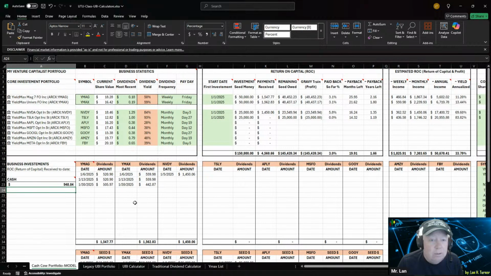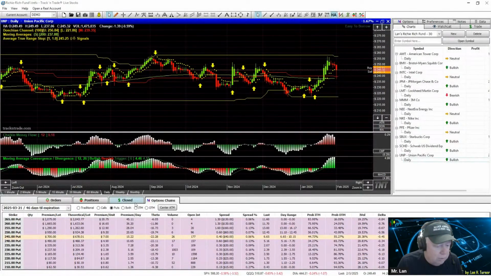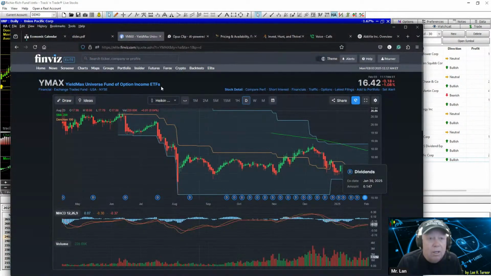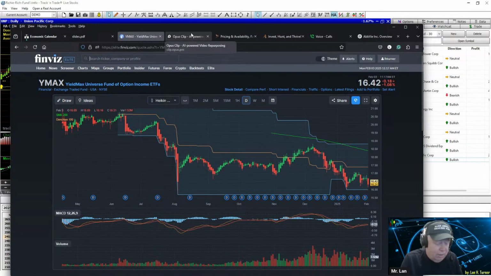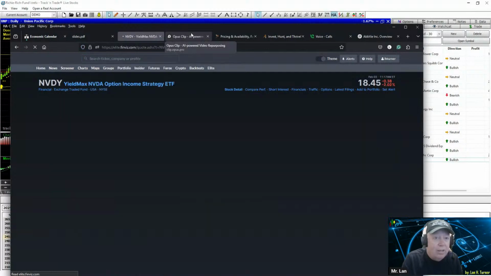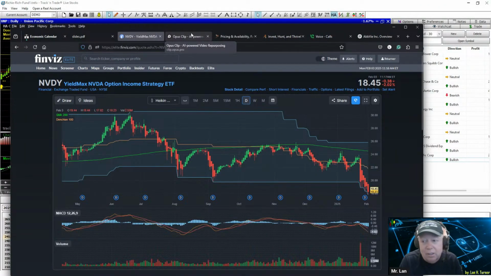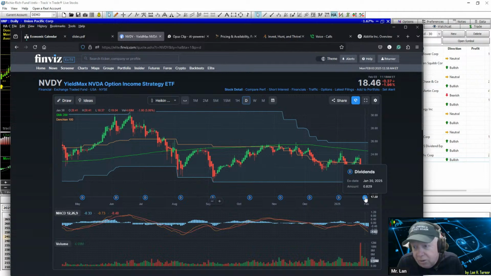Let's go over and look at NVIDIA. Did they pay off? Oh, wrong one. How come I can't do this? NVIDIA and NVDY. All right, we did get paid on the 30th, 82.9. So let's put that number into our calculator here. Of course, if you're doing this in your real money account, these numbers are all calculated for you, and all you have to do is just type them in.